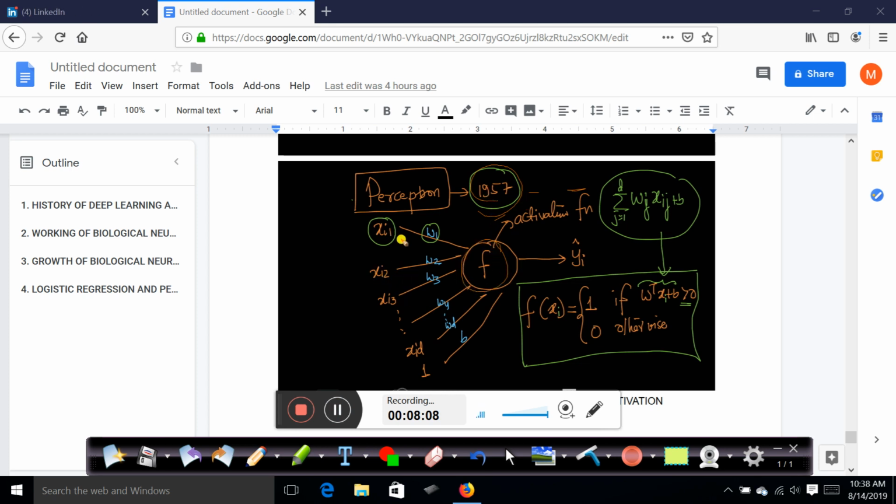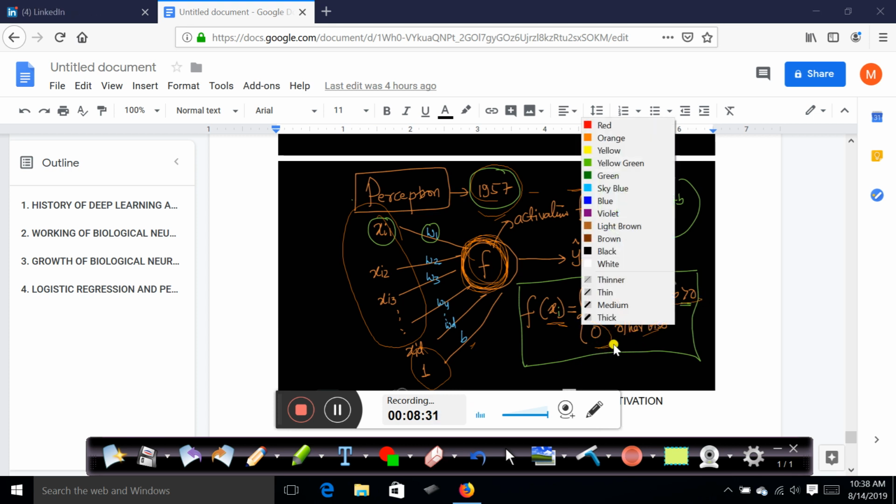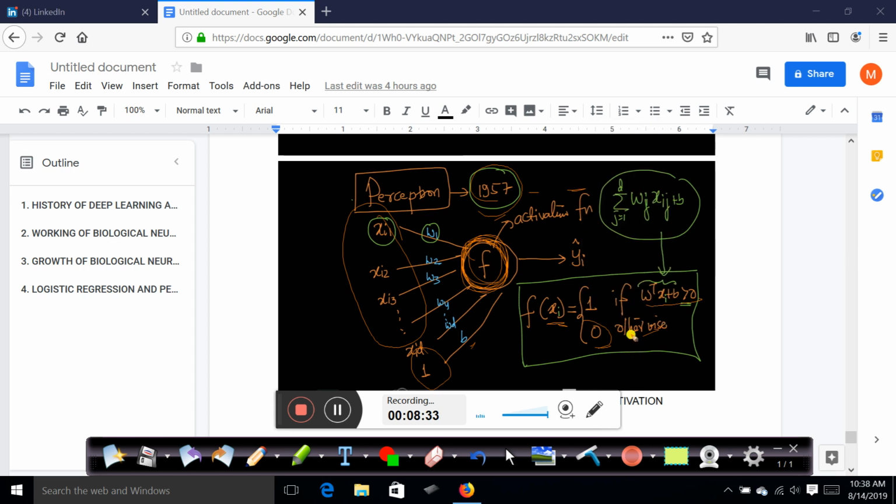Here also we are considering a d-dimensional point along with the weight vector and bias b. The only difference in the perceptron is the activation function, which is defined as f of xi equals 1 if w transpose xi plus b is greater than 0, else it returns 0. That is what it is all about.